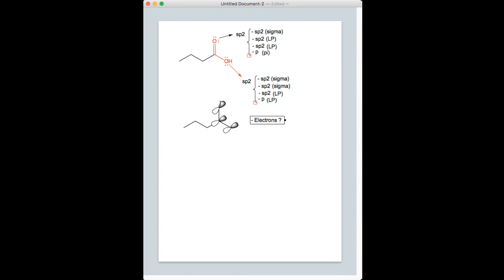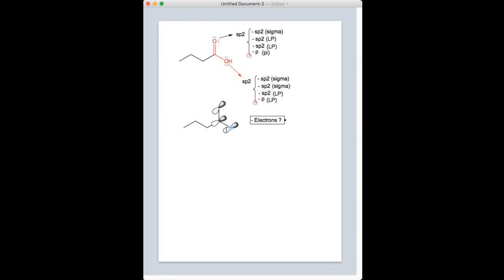No, no. How many electrons in this pi bond total, guys? 2 electrons in the pi bond, 1 from this oxygen and 1 from this carbon. Each of these p orbitals has just one electron.